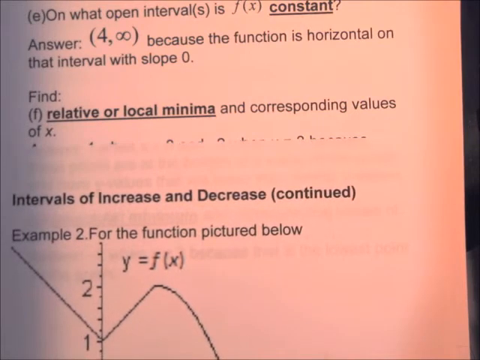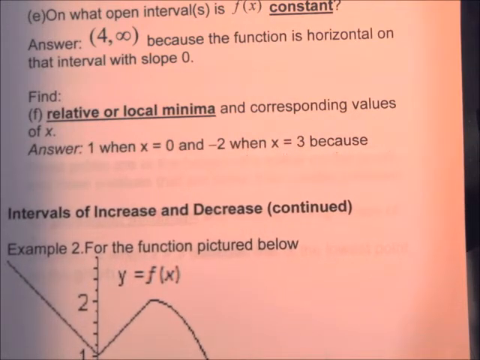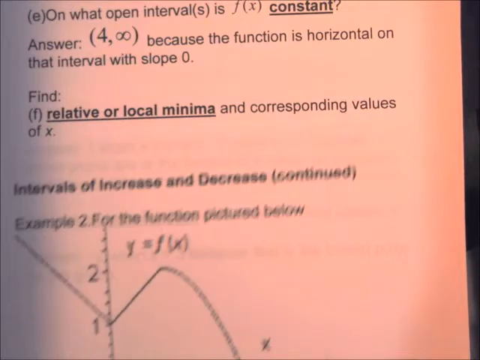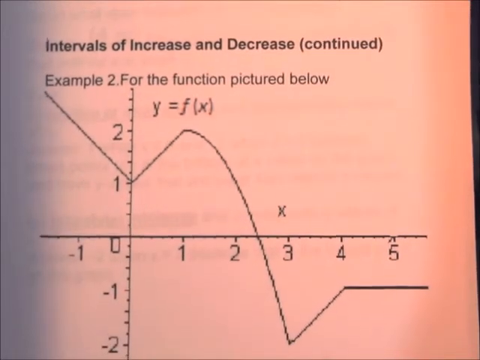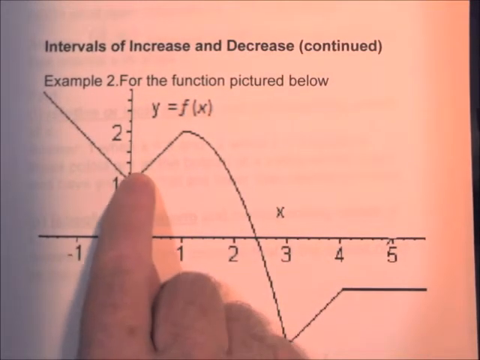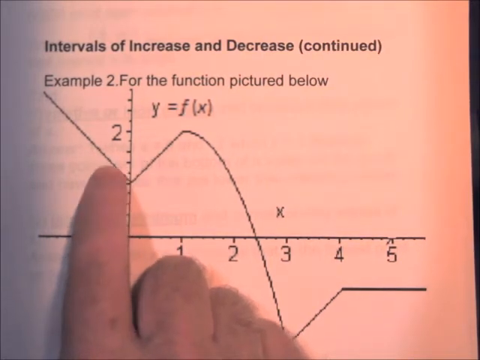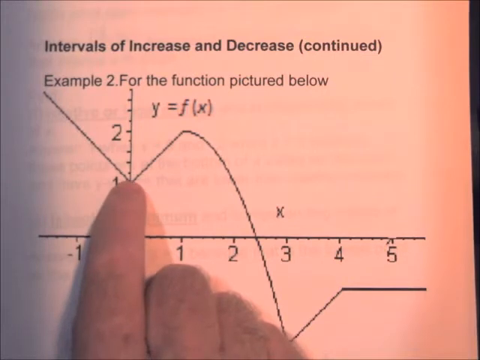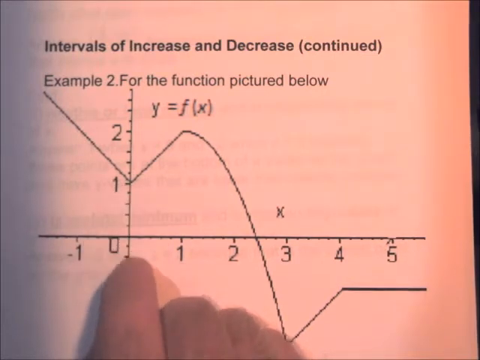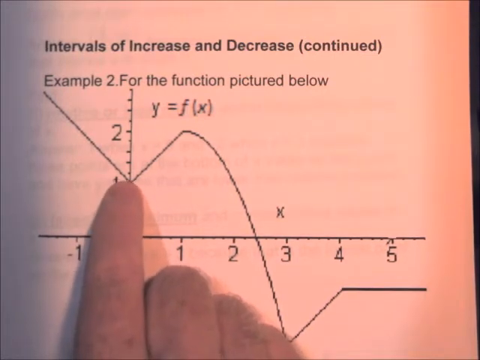Relative or local minimum and the corresponding values of x. So a minimum would be a local minimum. It means it's smaller than nearby points. It's the bottom of a valley. So we have a local minimum of 1 when x is 0. Y is 1.